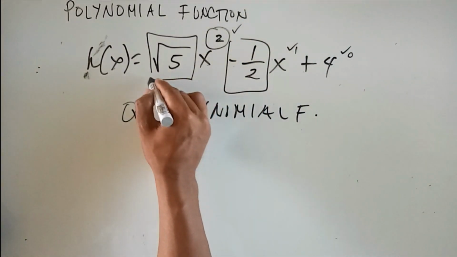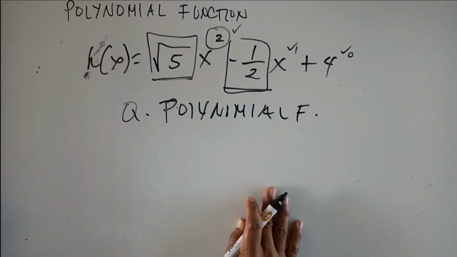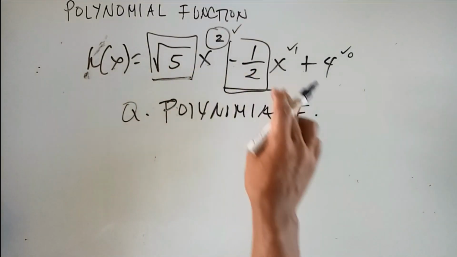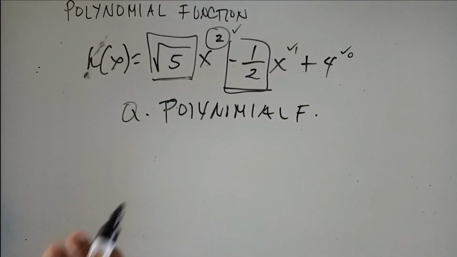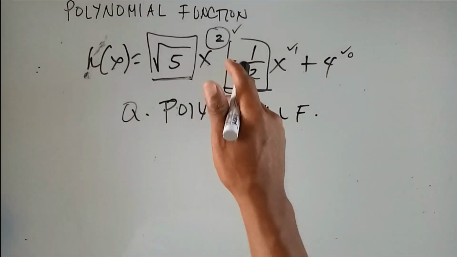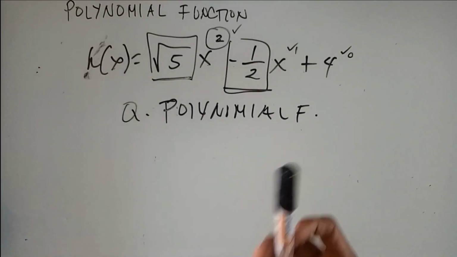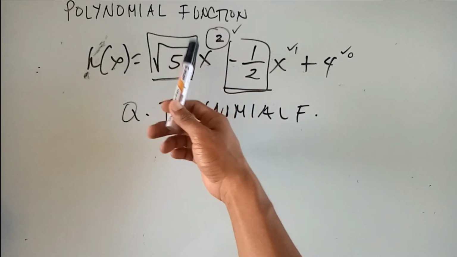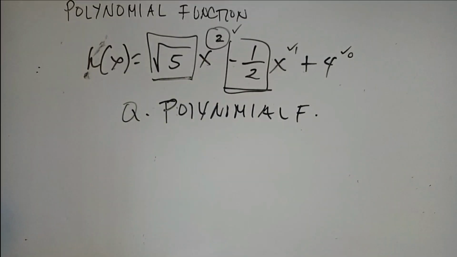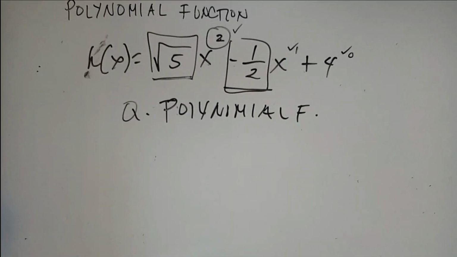Regarding the coefficient, it doesn't matter as long as it is a real number. Real numbers comprise radicals, fractions, decimals, and so on. As long as these are real numbers in the coefficient, it will not affect your function. It will still be a polynomial function as long as the exponents are whole numbers, and that's how you will identify that. Remember that all the time.